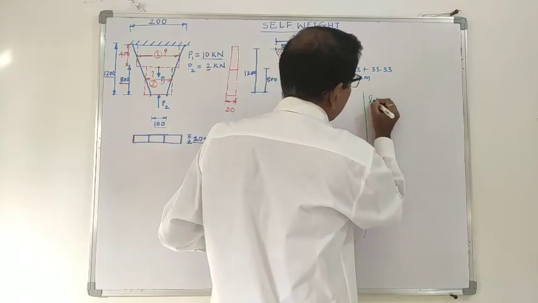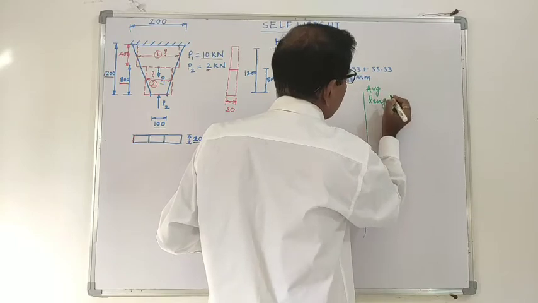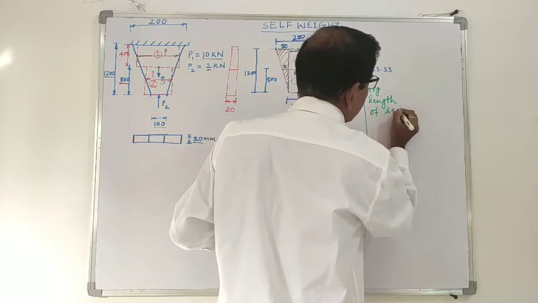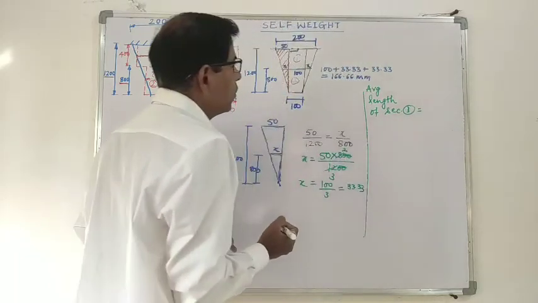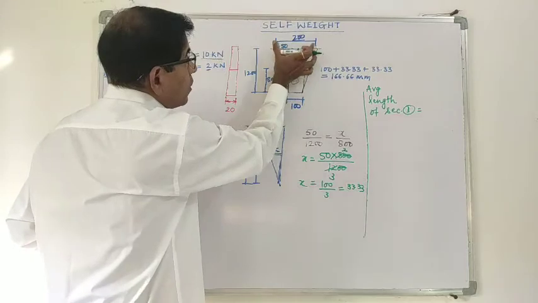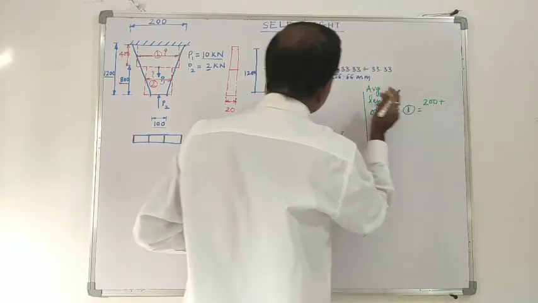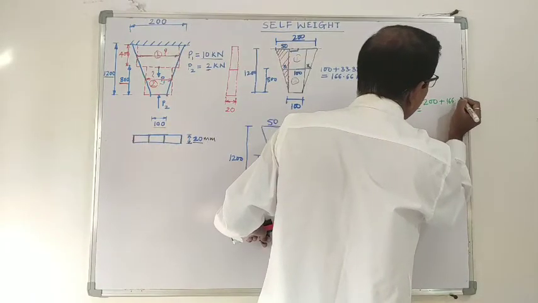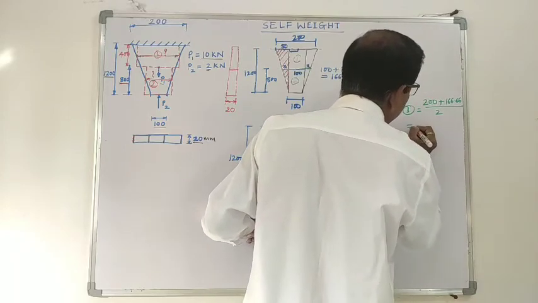So the average length of section 1 is equal to, the top dimension is 200 plus this intermediate dimension 166.66, divided by 2.